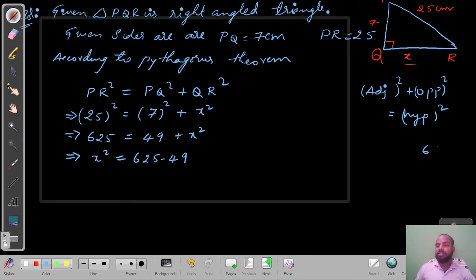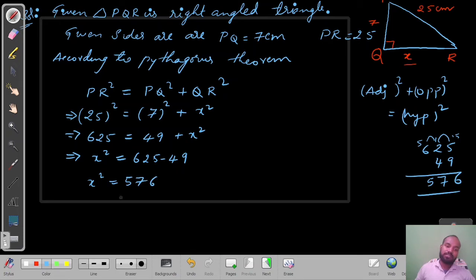Don't make a mistake on silly things. 15 minus 9 is 6, and borrowing, 11 minus 4 is 7, and then 5. So our value is X square equals 576.